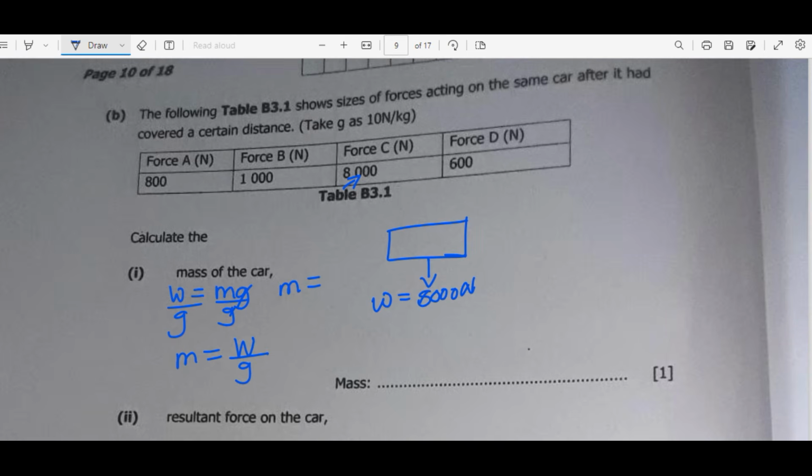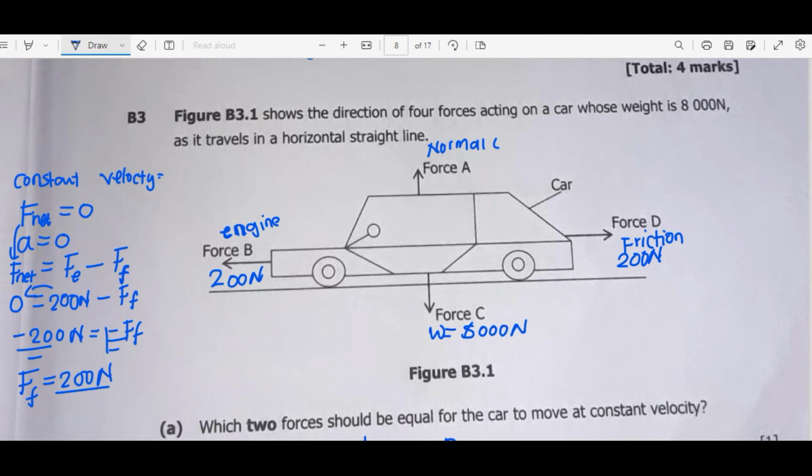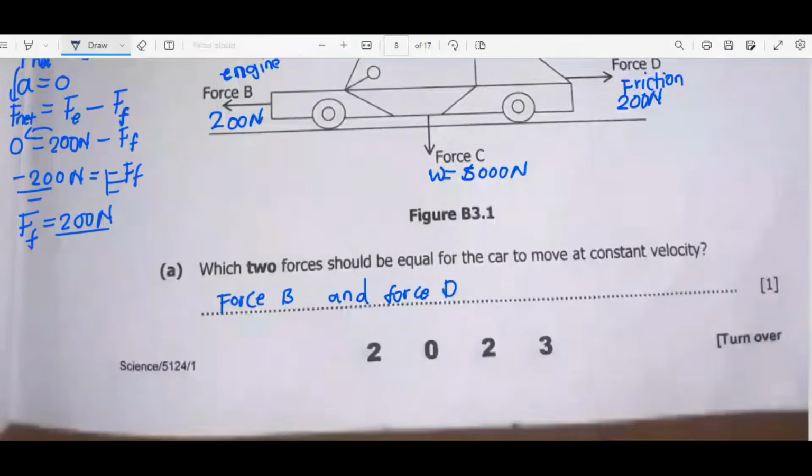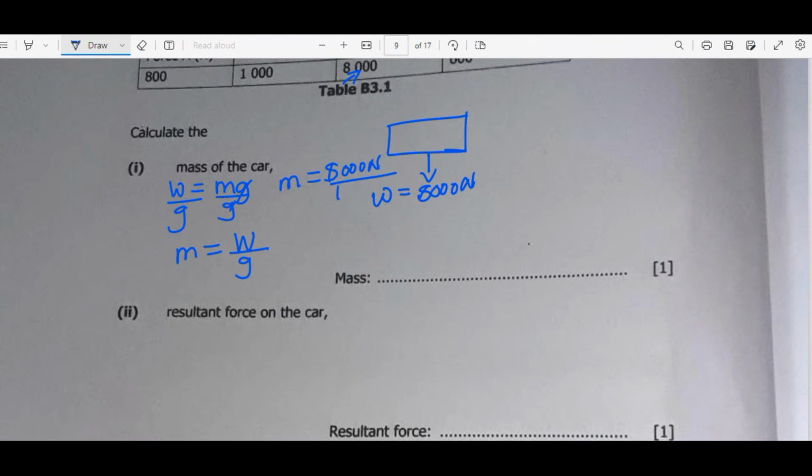So what's our weight? Our weight is 8000. The weight is given. So weight divided by the gravity, over 10 newtons per kg, if you divide this, you get 800 kg. So this was the mass of this particular vehicle.